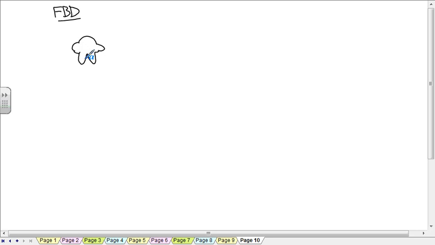There's the weight, but that's going into the page. There's a normal force that's coming out of the page. And then the only thing left is that horizontal force that we're trying to calculate. We don't know the direction of that force, so I'm just going to call it F.